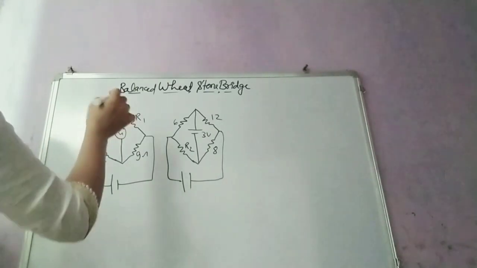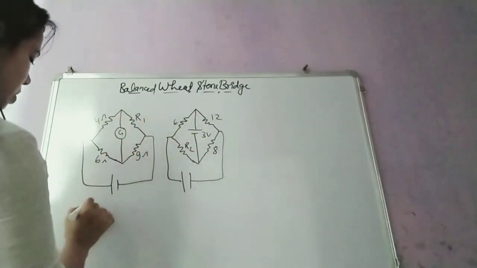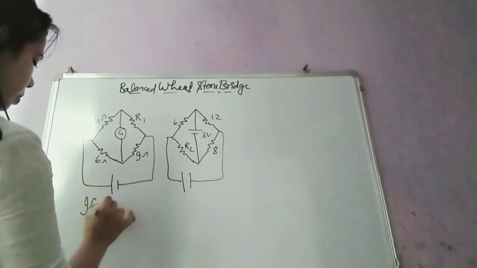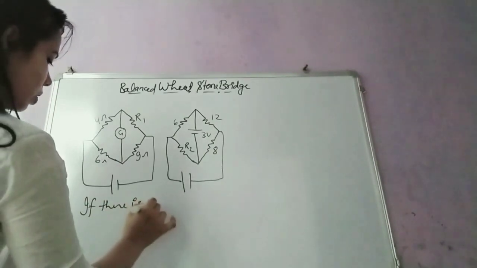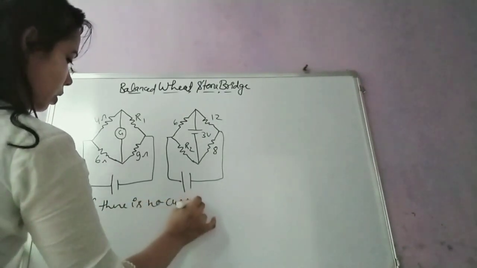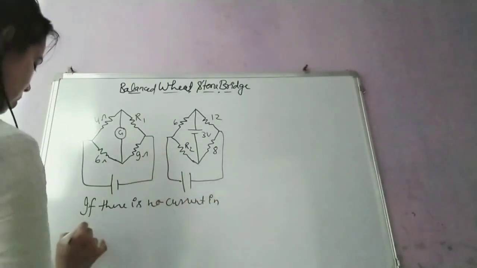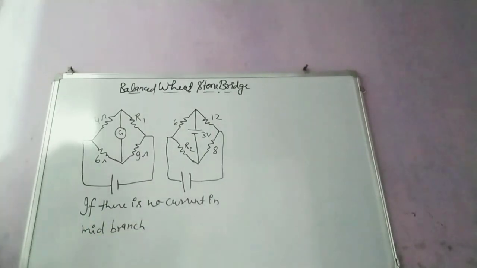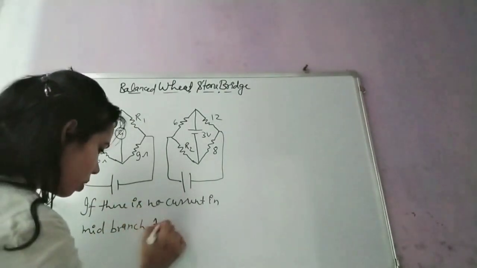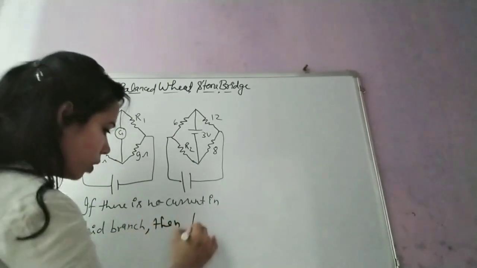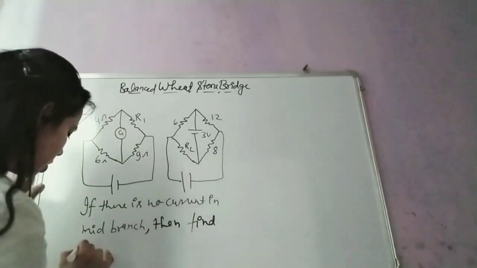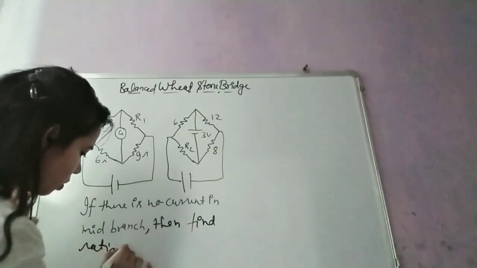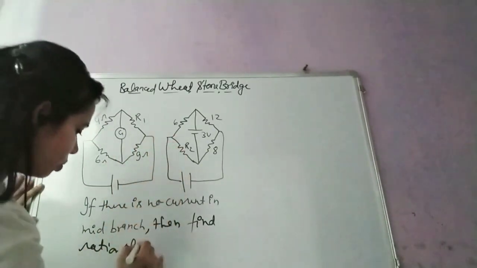Find that if there is no current in the mid branch, then find the ratio of R1 and R2.